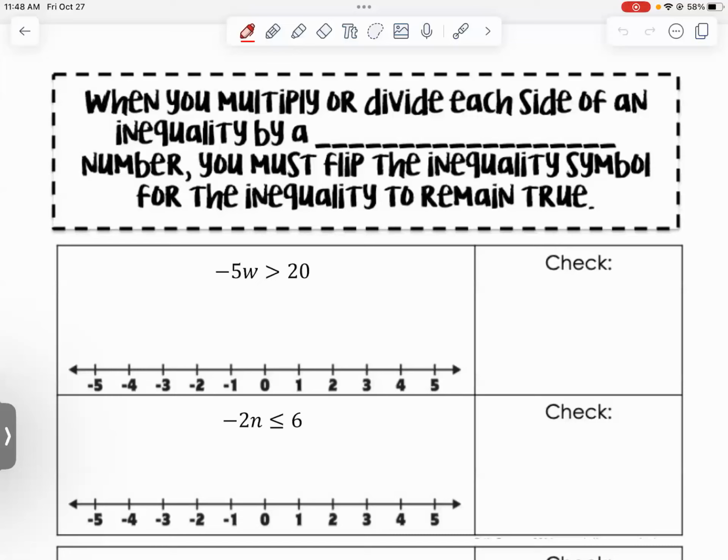What we just discovered on that pink sheet is that if we multiply or divide each side of an inequality by a negative number, then we have to flip the inequality symbol. That's what we are going to practice today. If we multiply or divide by a negative number, then we have to flip our inequality symbol if we want our inequality to remain true.